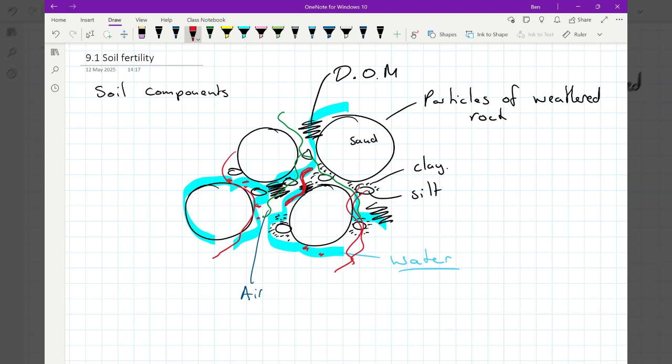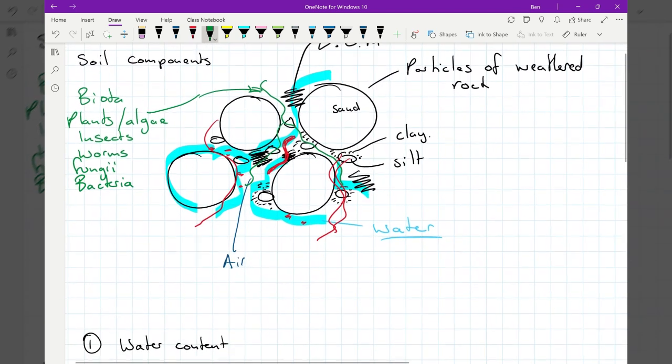So this all adds up to being our biota: plants, algae on the surface, insects, worms, fungi, bacteria. All of this adds up to make our biota.